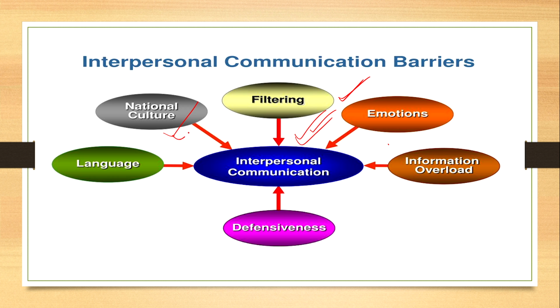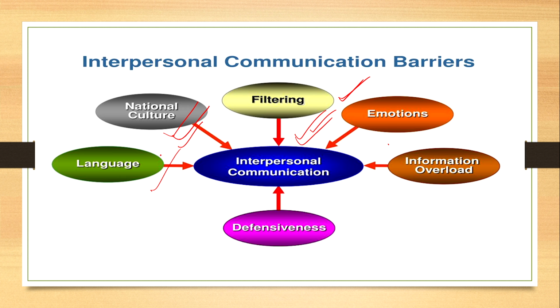National culture. If our culture is different, then of course there will be interpersonal communication barriers. In many places we feel that it is natural, but for the other culture it is not natural. So it is also an interpersonal communication barrier. And language we have already discussed.